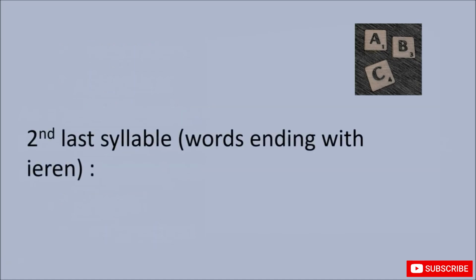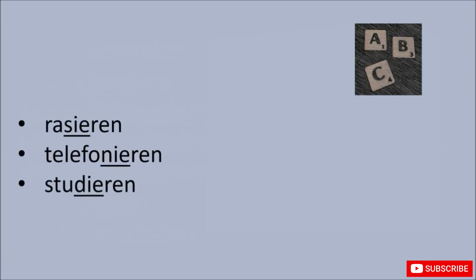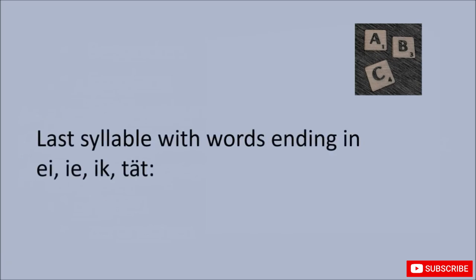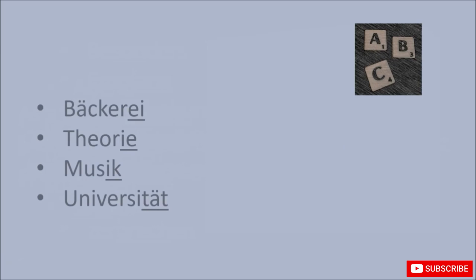And on the second last syllable, with words that end in ieren. Rasieren, telefonieren, studieren. And on the last syllable, with words ending in ie, ik, or tät. Bäckerei, Theorie, Musik, Universität.